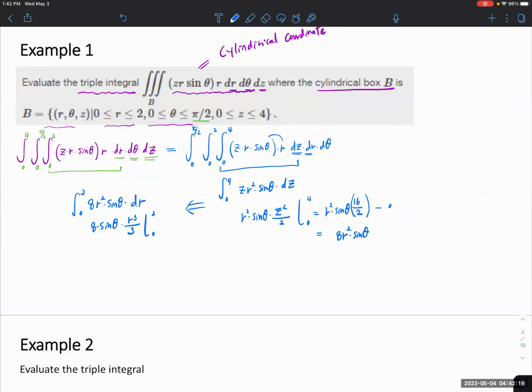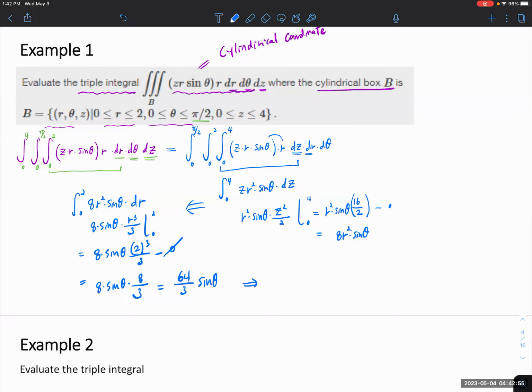If you do that, I'm going to get 8 over 3 sine theta, and then 2 cubed, and the 0 part is whatever. Or if you're confused, I can rewrite it for you. 8 sine theta, 2 cubed over 3 minus 0, we don't need to consider that. And then this is 8 sine theta, 2 cubed is 8, over 3. So 64 over 3 sine theta.